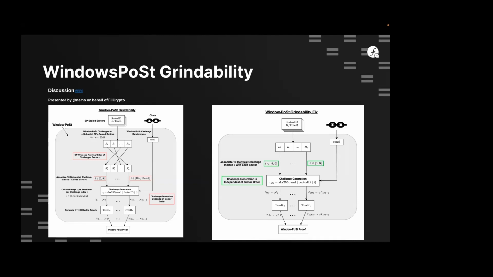FIP61 resolves this, as shown in the image on the right. What we're doing here is removing the dependency of how the challenges are generated on the order. Instead, the fixed elements affecting the challenge generation are just the sector ID and the randomness from the chain, meaning it doesn't really matter what the order of the sectors is, the challenges are consistent.